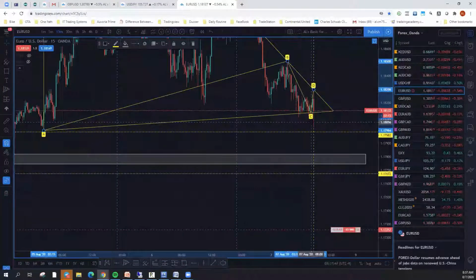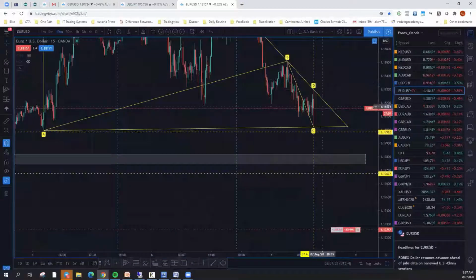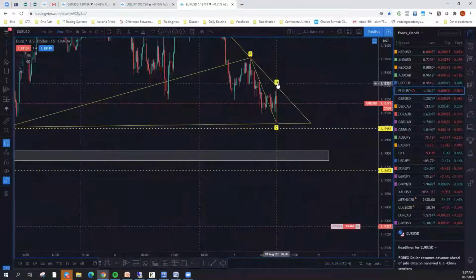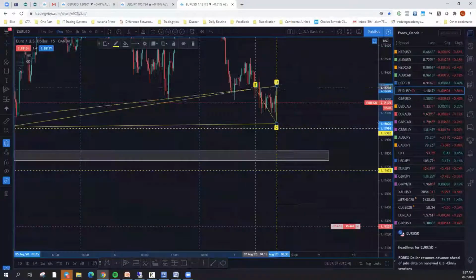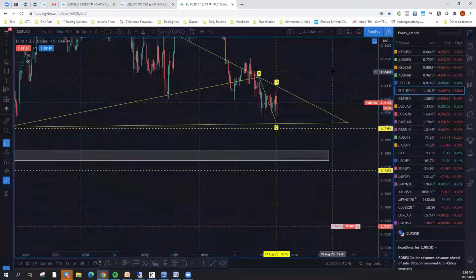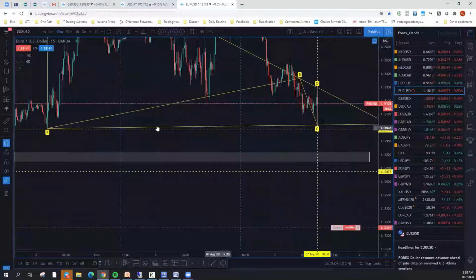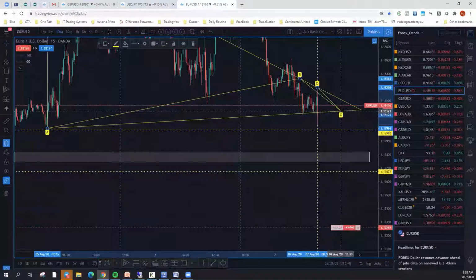But we really can't ignore this part right here because there were orders there, and this is a range. What it actually did is develop a new range for us. This was ascending. Is this a slight ascending wedge? But we're just going to take it up to this area.